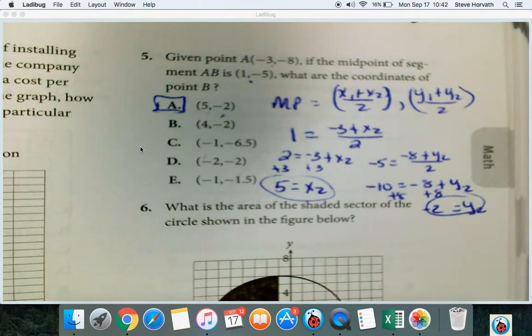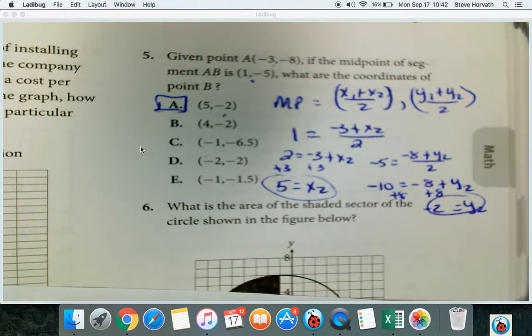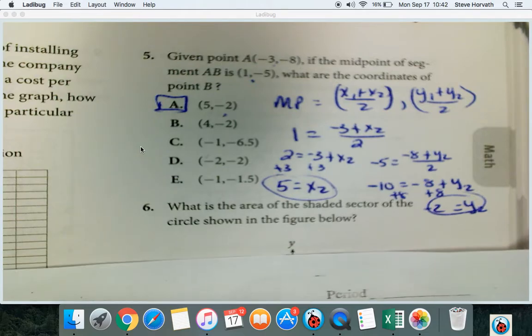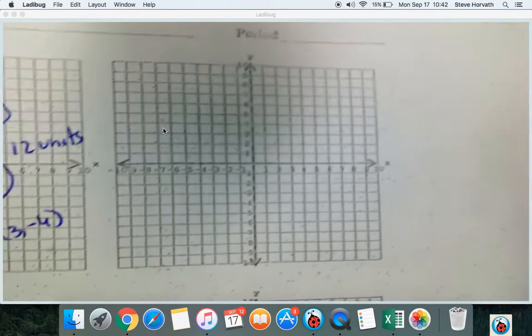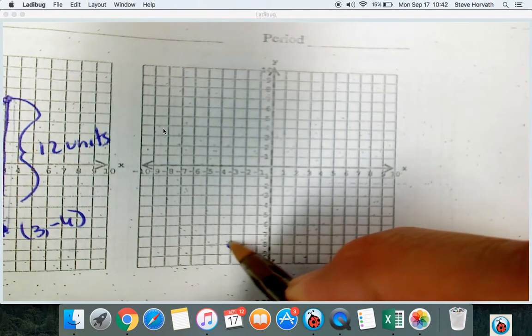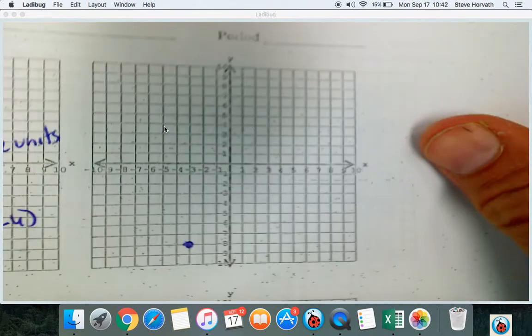So let's just look at a little bit of common sense. Let's say you completely forgot how to use the midpoint formula. Well, let's plot the 2 points that we have. We know an endpoint is -3, -8. So look at a piece of graph, -3, -8 is right here. The midpoint is given as 1, -5.